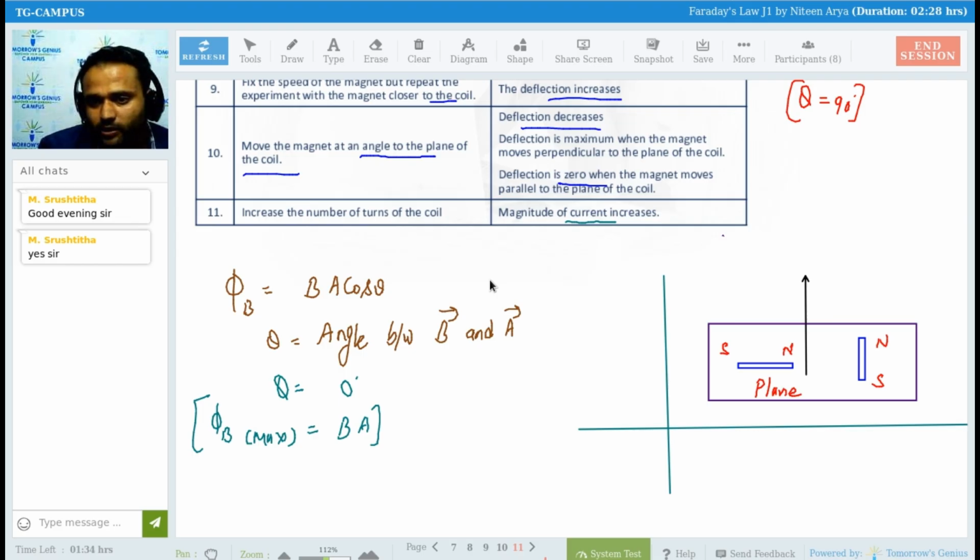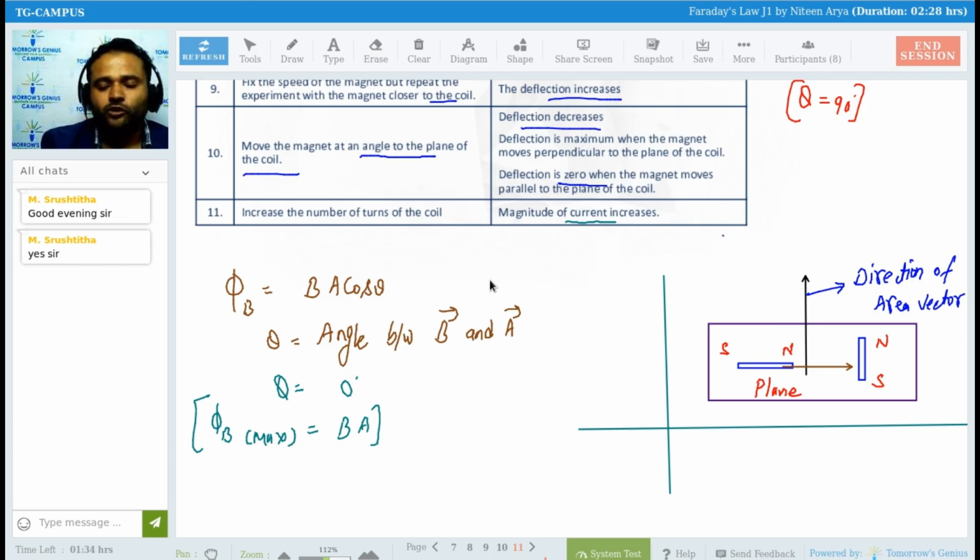Parallel to the plane is perpendicular to the normal vector, or perpendicular to the area vector, because this is the direction of the area vector. Clear?